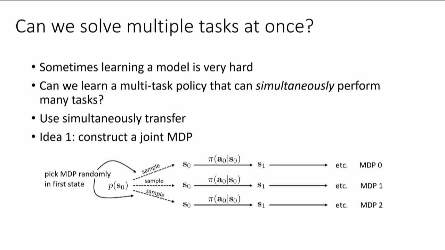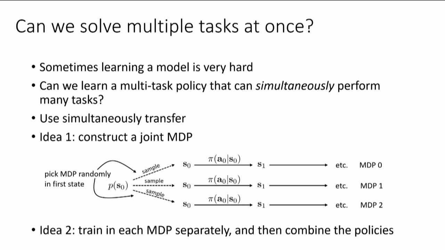Part of why it might not work very well is that for most reinforcement learning algorithms, this will produce very high variance gradients because you have a lot of variability in these initial states. If your different MDPs are different Atari games and you're doing policy gradient, you might be computing your gradient from, let's say, 20 rollouts, each of which came from a different game. So the variance for that estimate will be extremely high.